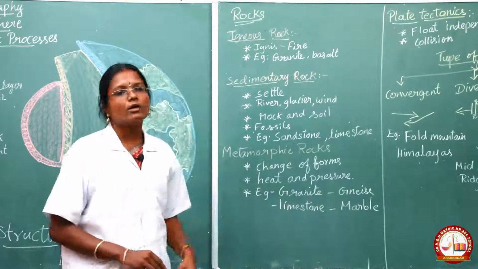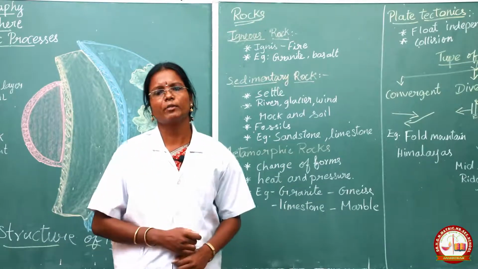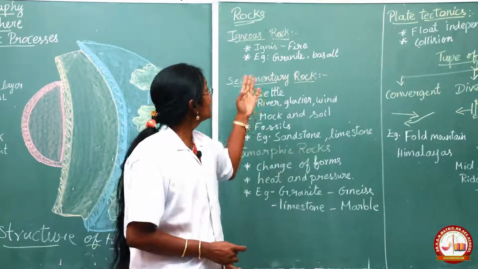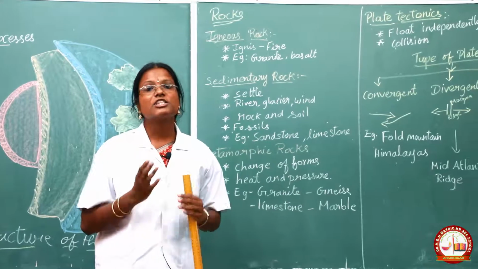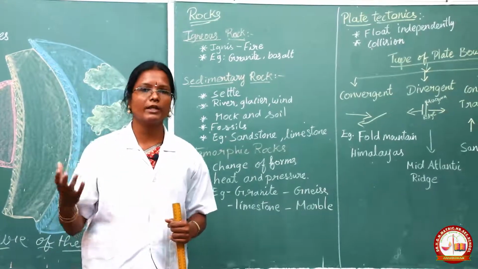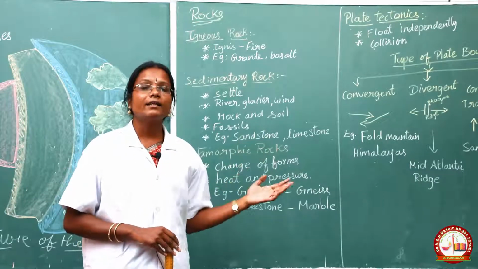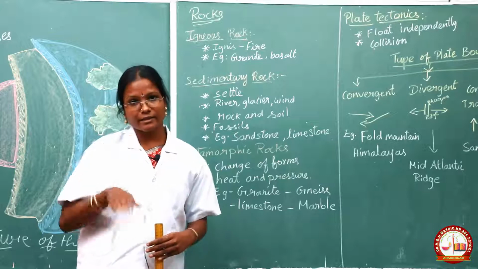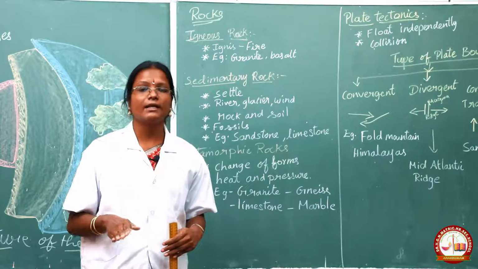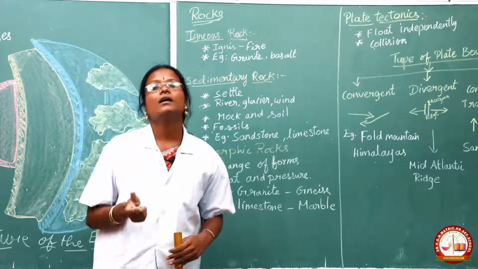Next we are going to see about the metamorphic rock. What is meant by metamorphic rock? When the igneous rock and the sedimentary rock are left untouched for millions of years, they become buried under the earth, going down, and it changes the character of that rock.